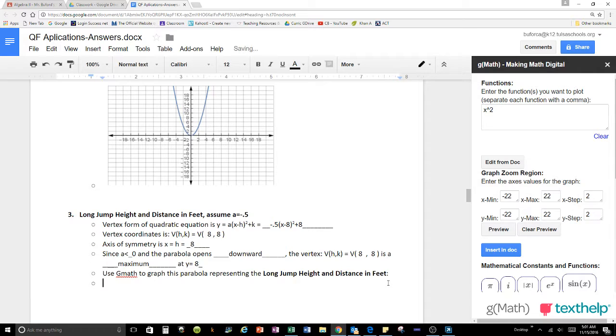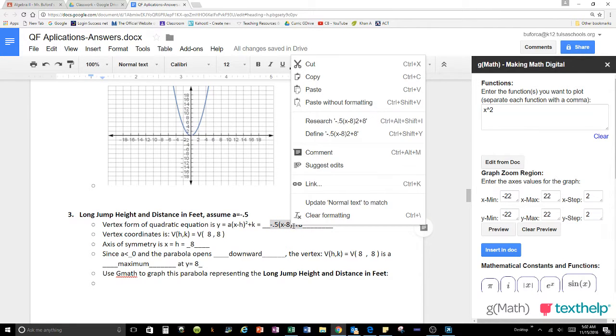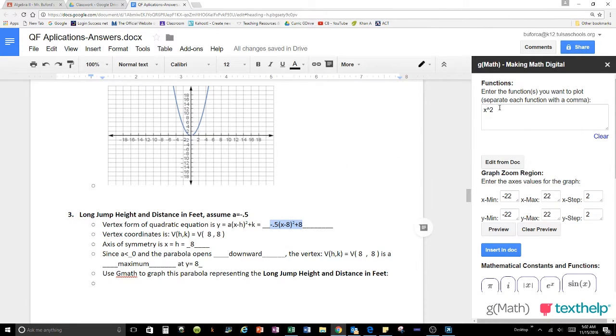Now if we want to graph this, we take this equation here, put it up here. We have to change just a few things here.